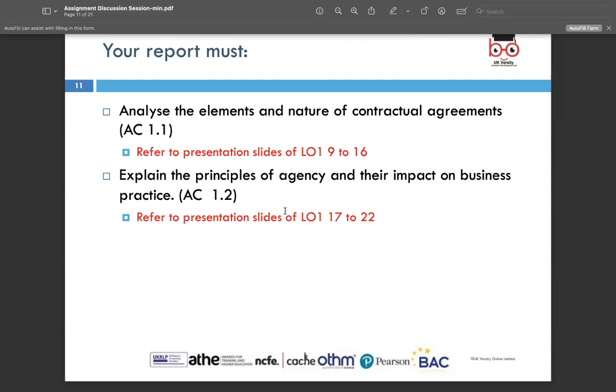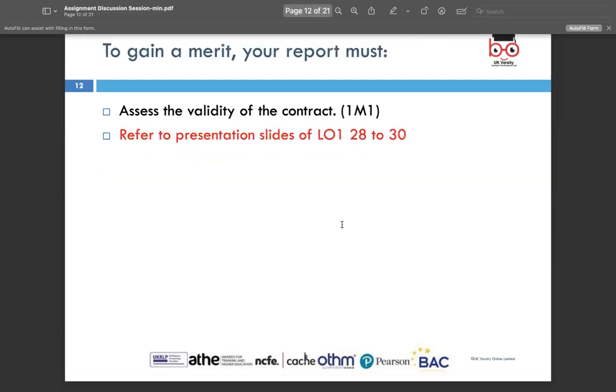Duties of agent and principal: outline the main duties of the agent to act in the principal's best interest, and the principal's duties to provide compensation and indemnity. Refer to learning outcome one presentation slides 17 to 22 for more information on the principle of agency.